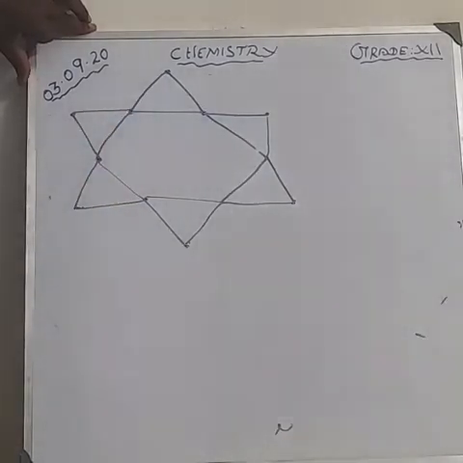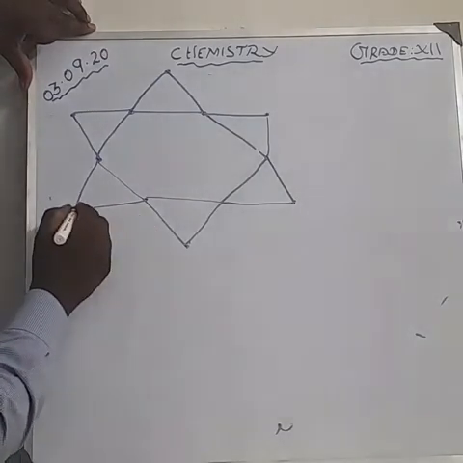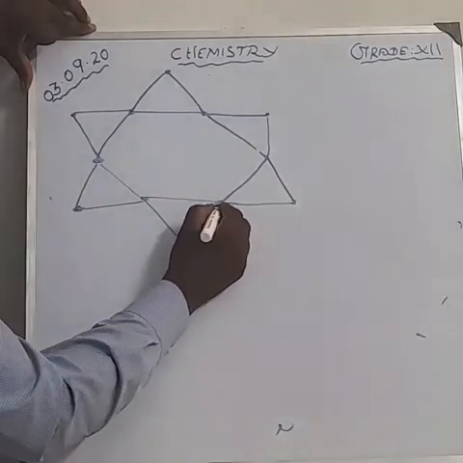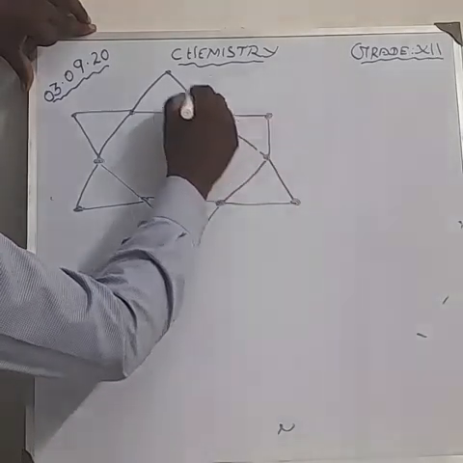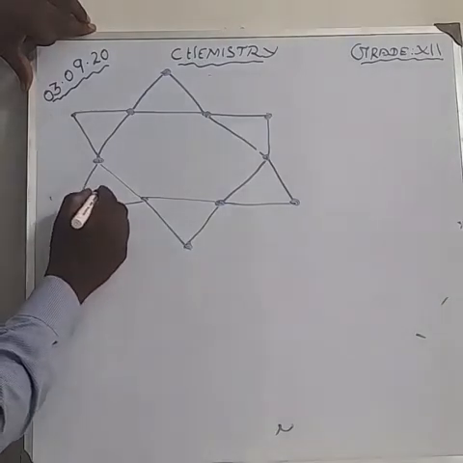Here, structure of double silicate. These are all oxygen. Oxygen, oxygen, oxygen. This is the silicon.